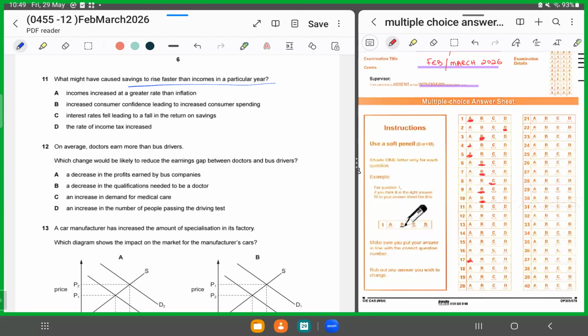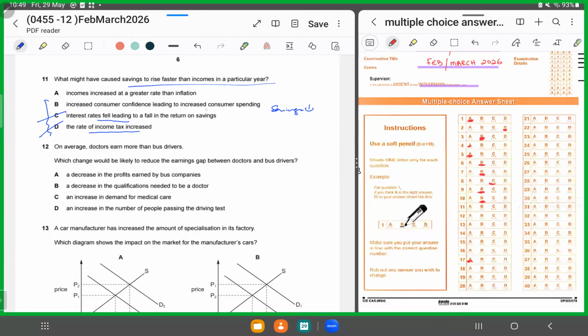Now notice, B, C and D will all cause savings to fall. Why? Because if income tax rises, people would have less disposable income. They'll spend less, they'll save less. Interest rates fell. If interest rates are going to fall, they are not going to be attracted towards saving. Increased consumer confidence leading to increased consumer spending.